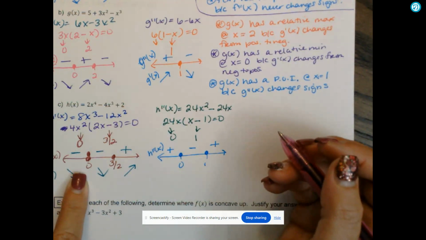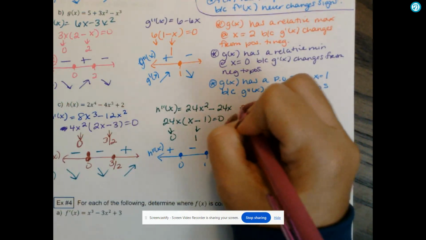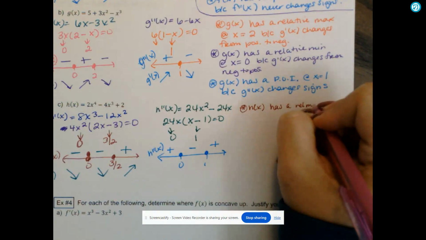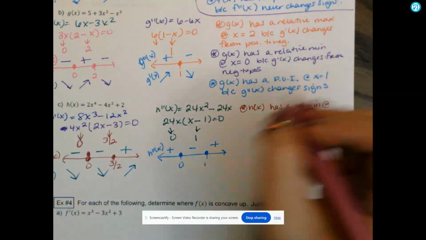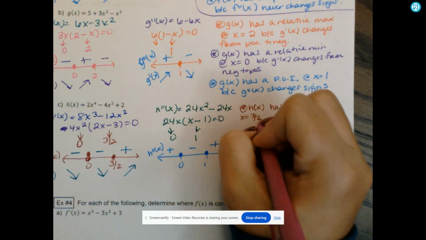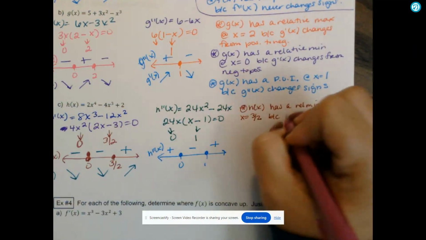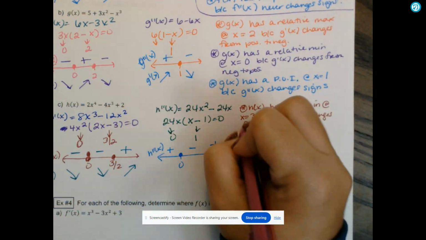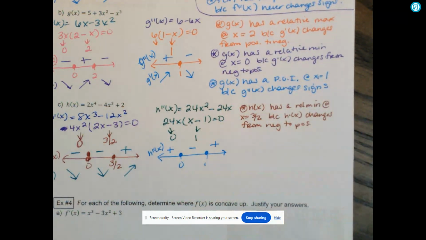So the first one, we know h of x has a relative min at x equals 3/2 because h prime of x changes from negative to positive.